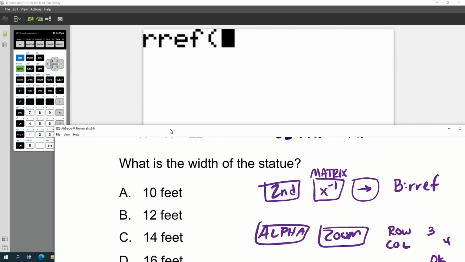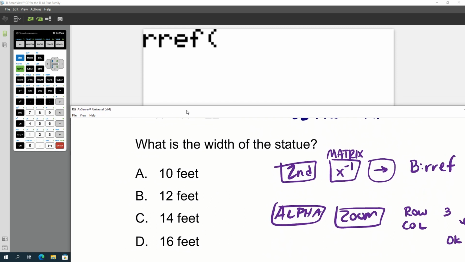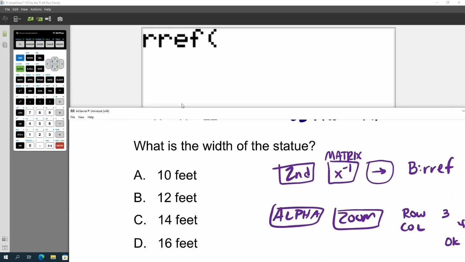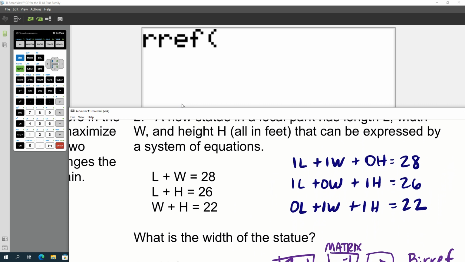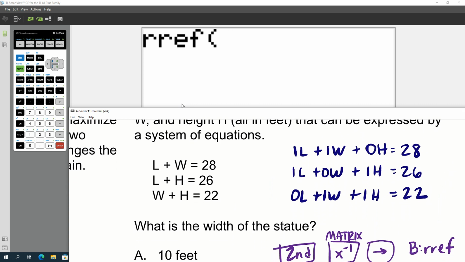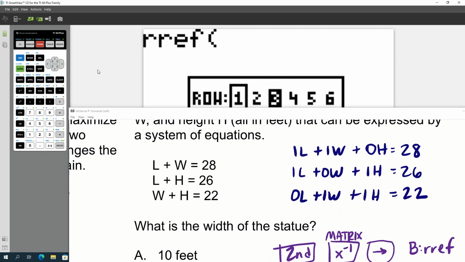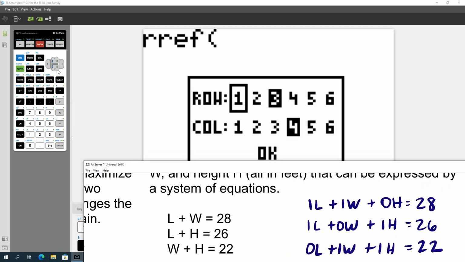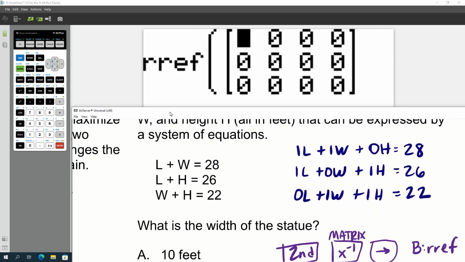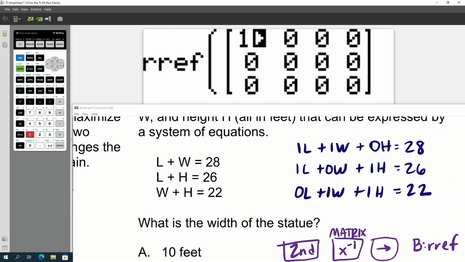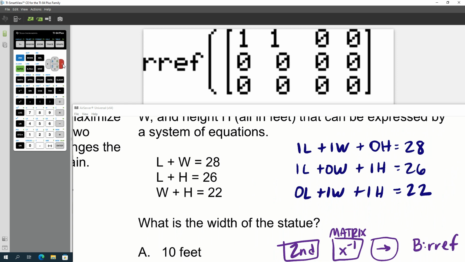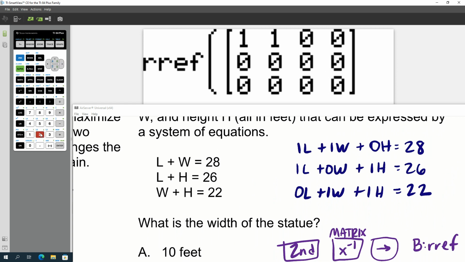All right, and then you're just going to go through and put in these numbers that we just wrote.